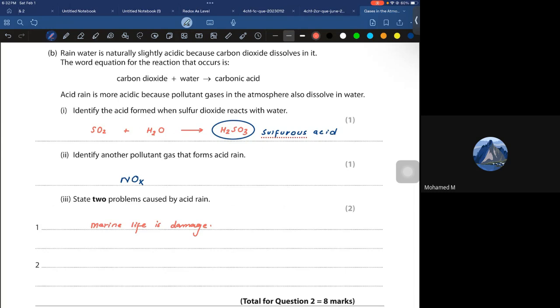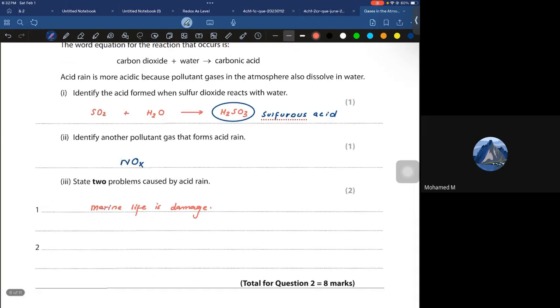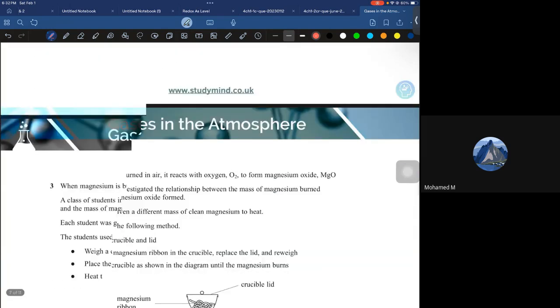And you can say that rusting of iron, rusting of iron. Okay.